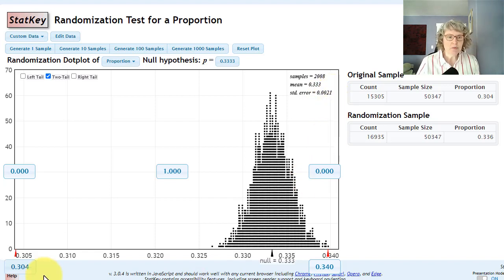So when we put in our observed statistic, it's way below the randomization distribution. That never happened. It wasn't possible in our simulation. The lowest was like 0.326 or something. I don't know exactly what that number is. Okay, so our p-value is 0, and that does happen sometimes.